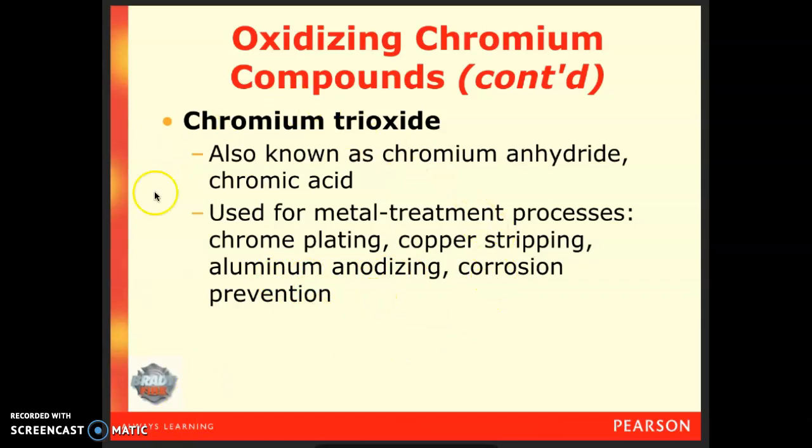And as I mentioned before, the chromium trioxide was used at least at one point in time in breathalyzer tests for that very purpose. It's being phased out because of the dangers of inhaling chromium trioxide. But it was one of the premier ways to test for breath alcohol content up until even just a few years ago.